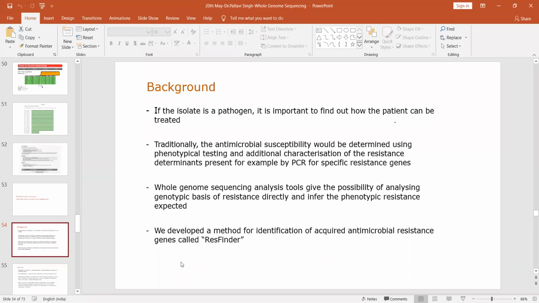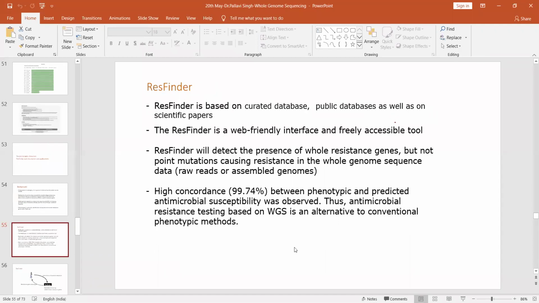The basis of resistance here is genotyping, the results that you have got from the WGS. ResFinder is based on a curated database, public databases, as well as scientific papers. It is a web-friendly interface and a freely accessible tool. It will detect the presence of whole resistance genes in the microbes, but the drawback is that it will not detect the point mutations causing resistance in the whole genome sequence.